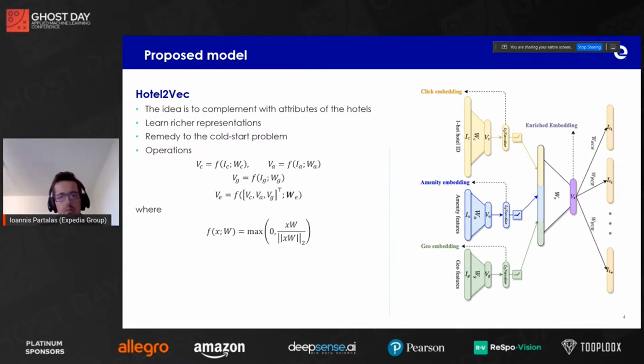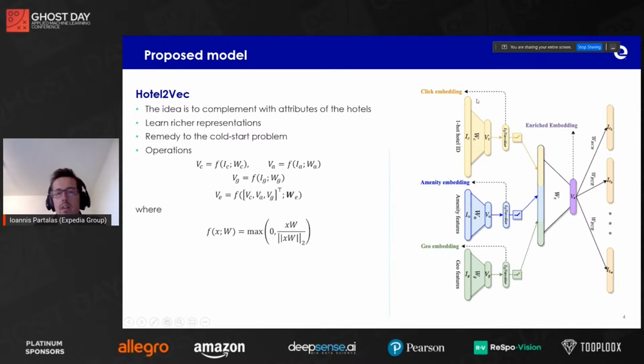The main reason for doing that is that we can cope with the cold start problem. Cold start is when new hotels arrive in the Expedia inventory, and we need a way to infer a vector.